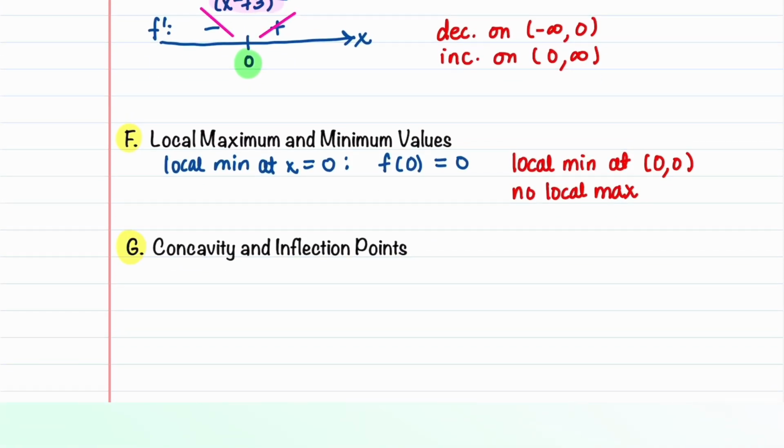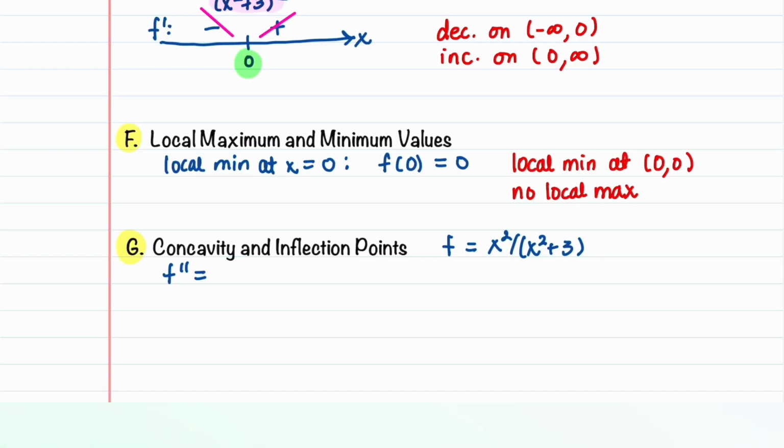Let's now look at concavity and inflection points. For the inflection point, we're going to need to find the value of f at a point. So let's go ahead and write down what f is again. f is x squared, all divided by x squared plus 3. To find concavity, we need to use the second derivative. So let's write down what that is.